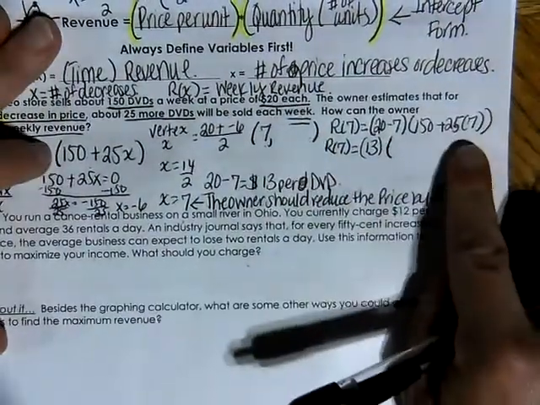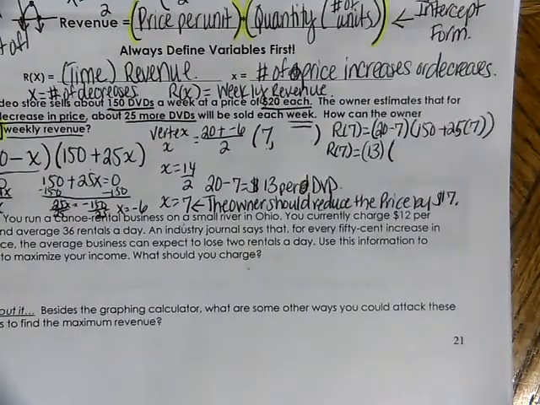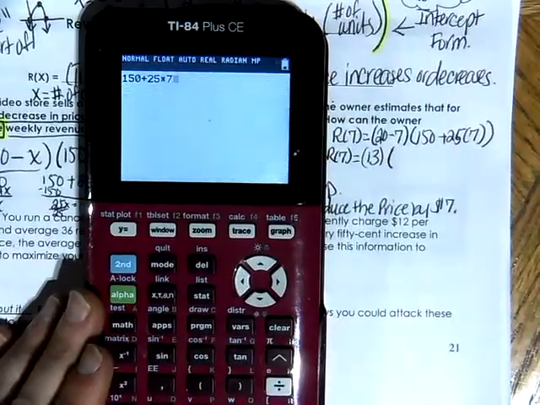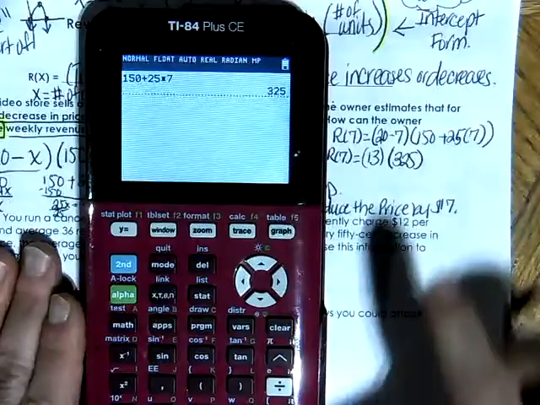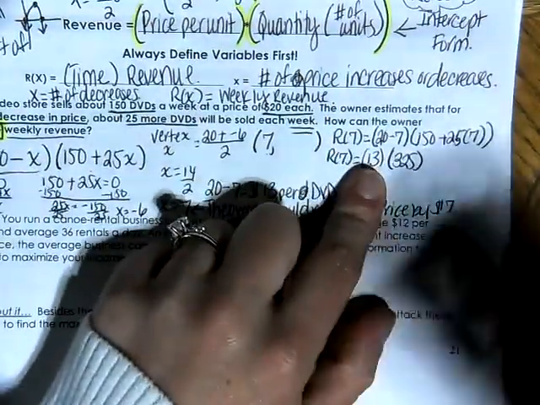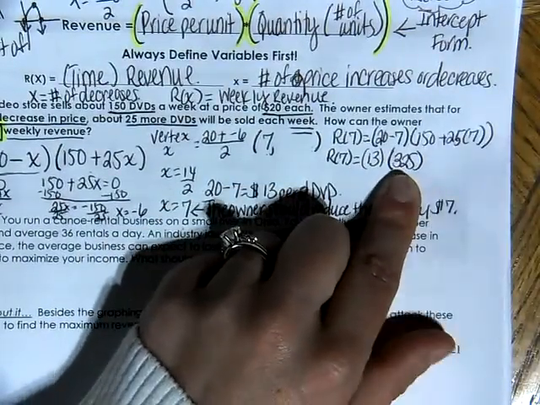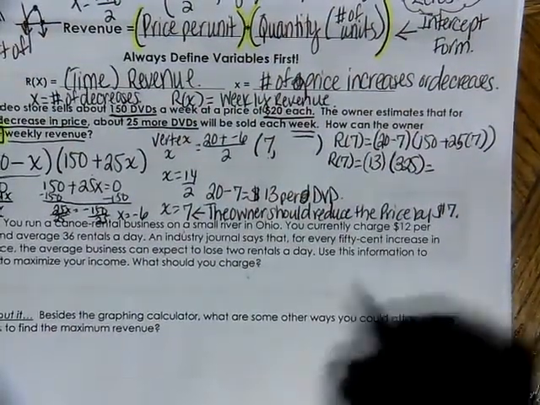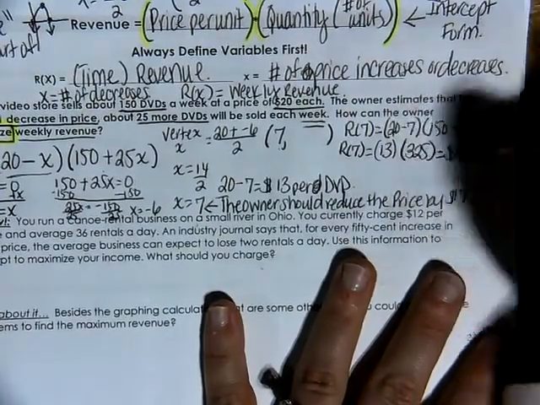Let's go ahead and find out how many DVDs this person is going to sell. So I'm going to put into my calculator 150 plus 25 times 7, and I end up with 325. So what 325 means is that if they sell their DVDs for $13 a piece, they're going to sell a total of 325 DVDs. And 13 times 325 is 4,225.